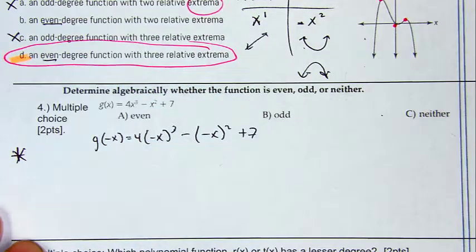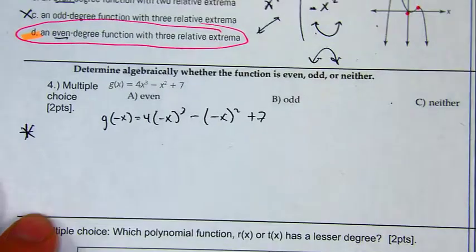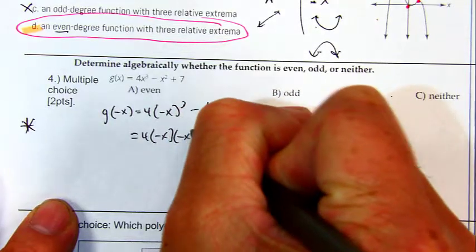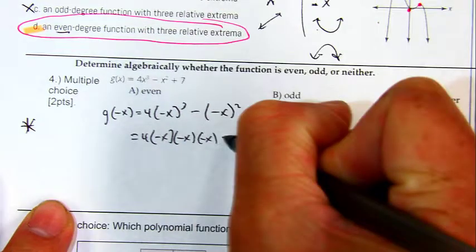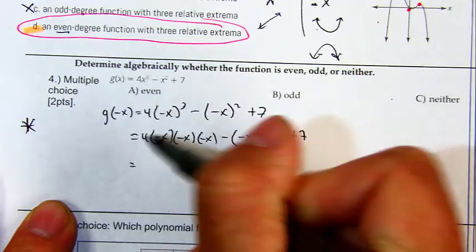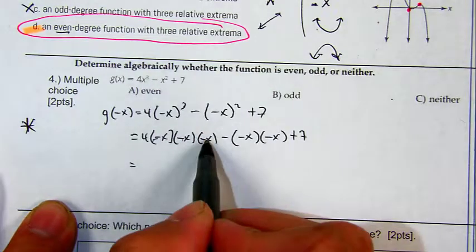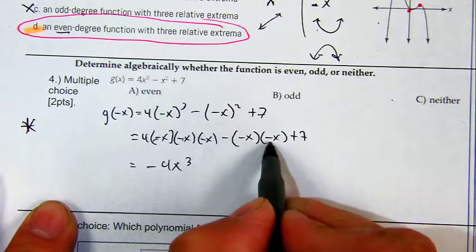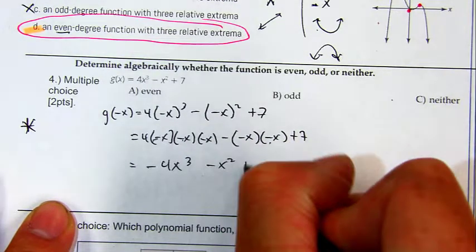I have PEMDAS, order of operations, to help me. So I'm going to write that 3 times. So negative times negative times negative is negative. So I get negative 4x to the third here. Positive, negative. So negative x squared plus 7.